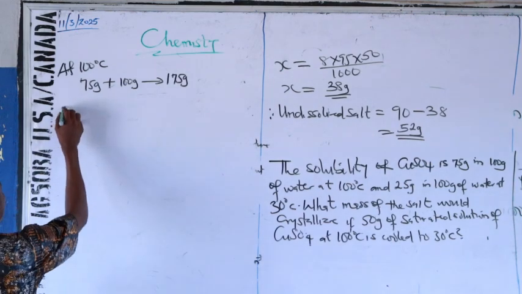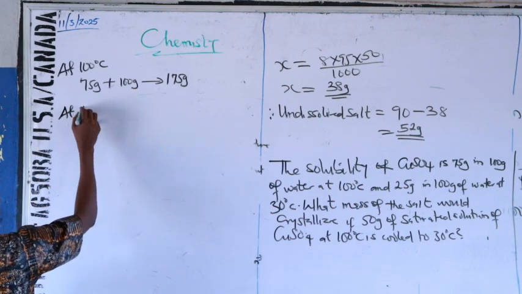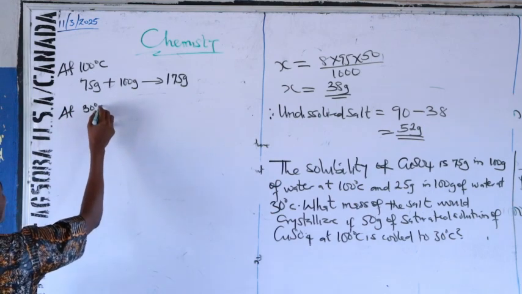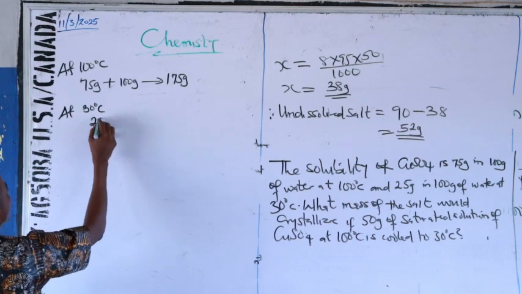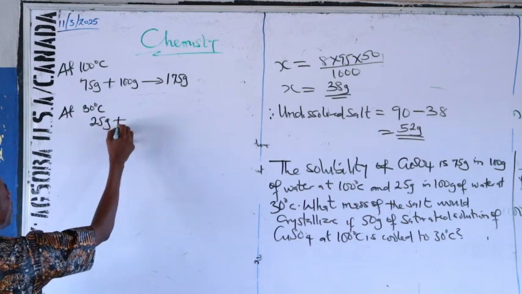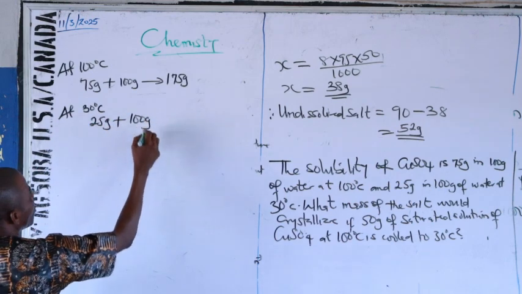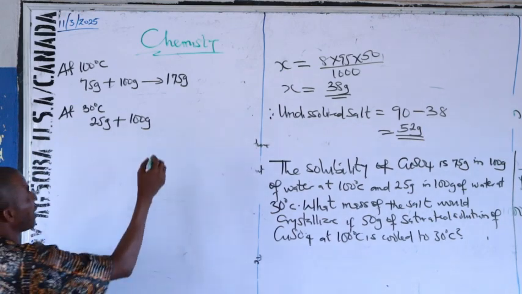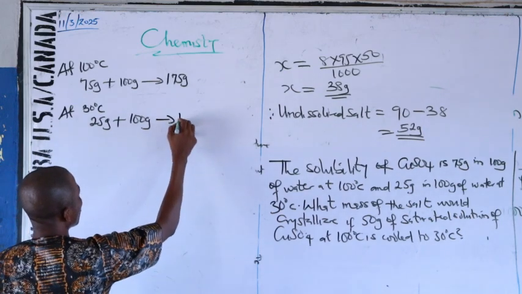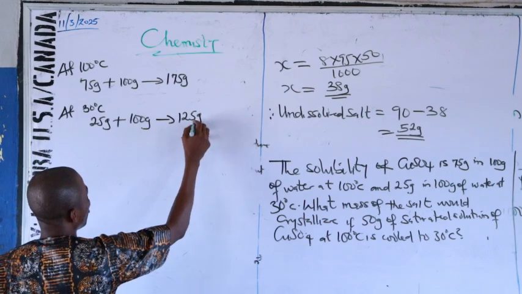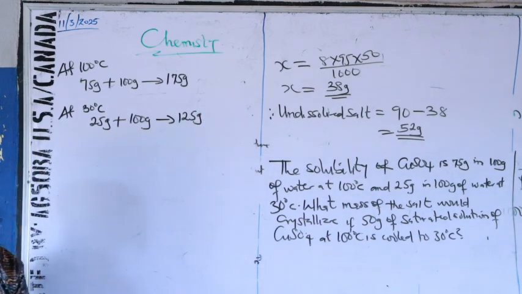Then at 30 degrees centigrade, we have 25 grams of the solute added to 100 grams of the solvent, and that will give us what? 125 grams of the solution.